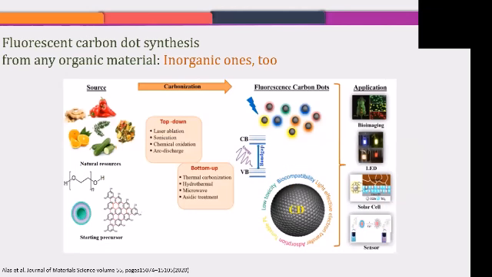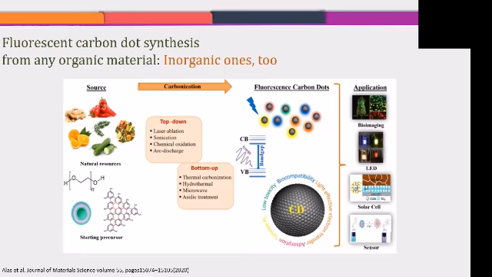So these are how you can make them. There are some top-down and bottom-up procedures, like laser ablation, sonication, chemical oxidation, and arc discharge. Top-down means that you have the bulk, and using these methods, you crack this bulk into small size nanomaterials.